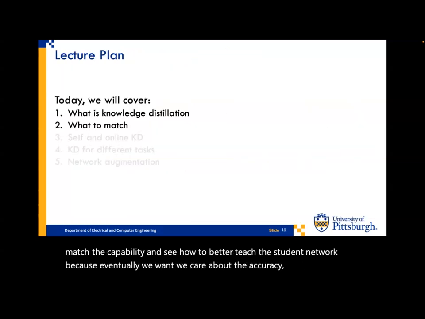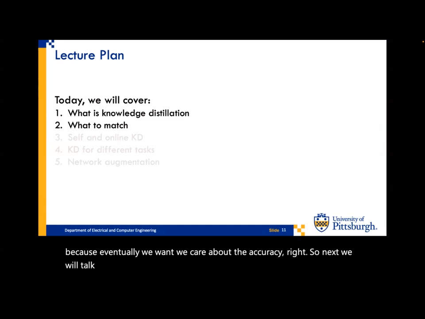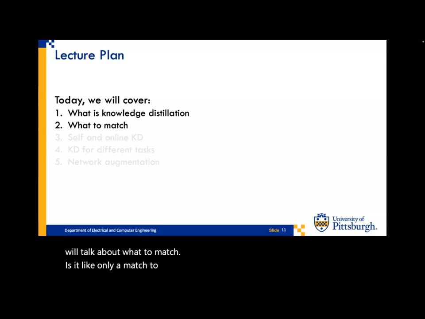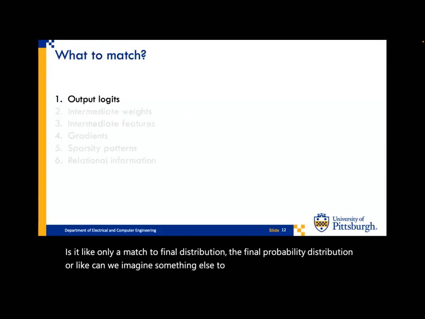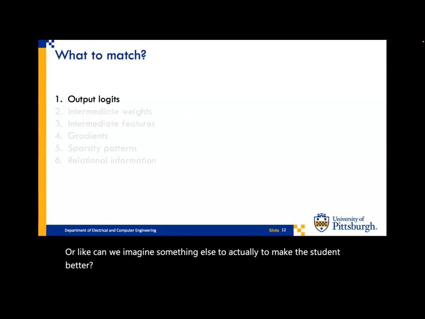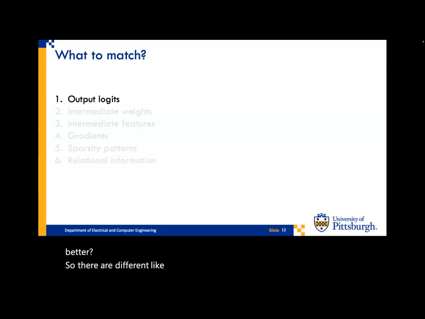So next we will talk about what to match. Is it only the final probability distribution, or can we match something else to make the student better? Different researchers are trying different ways to do the matching.